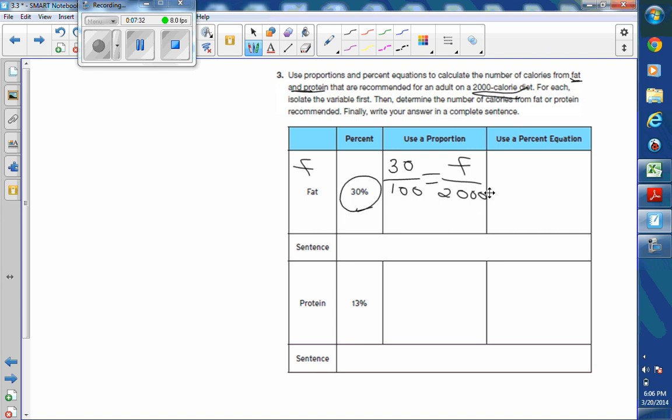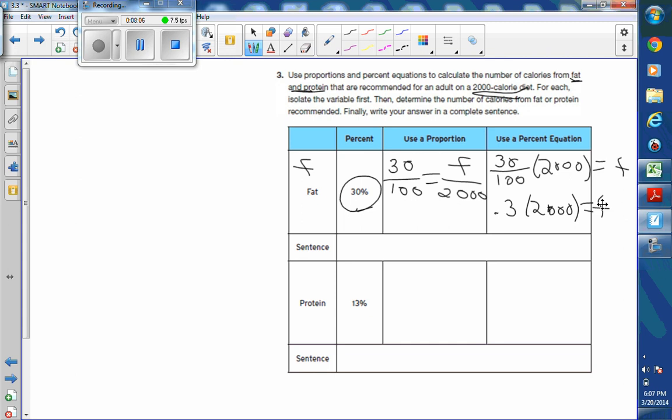And then let's look over at the percent equation. Well, again, you can do it one of two ways. You could have the 30 over 100 for your percent. I wrote that wrong, just give me a second. Okay, so you can multiply the 30 over 100 times the 2,000 to get your fat. Or you can do the 0.3 times the 2,000 to get your fat.